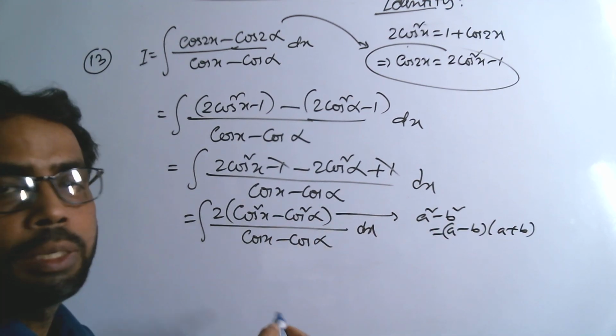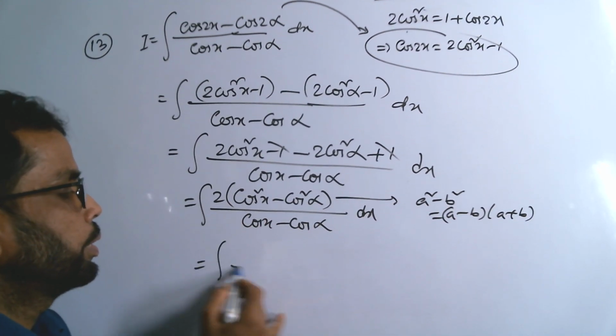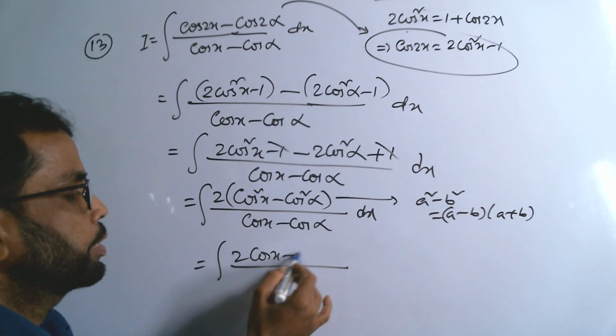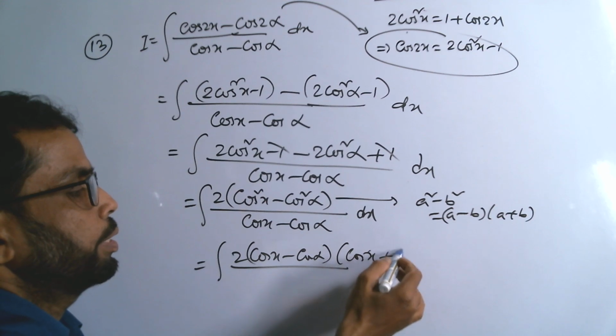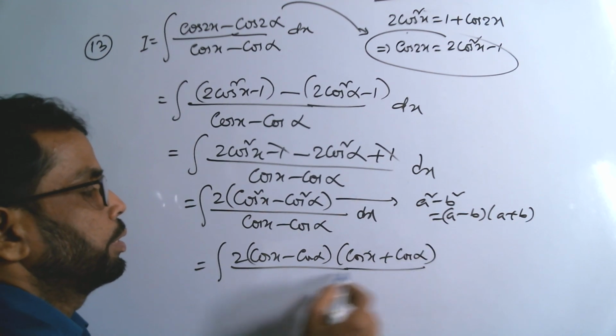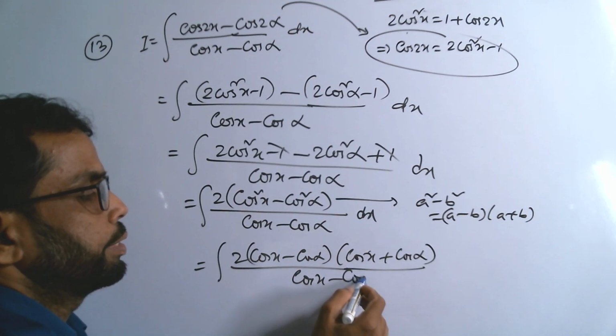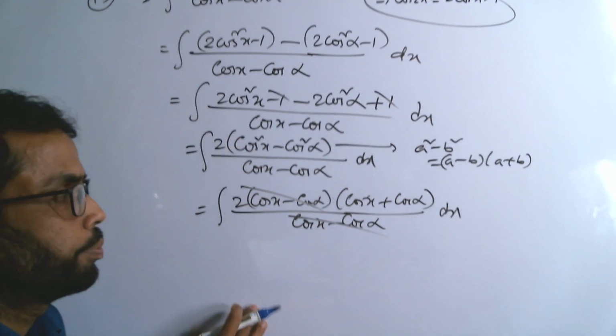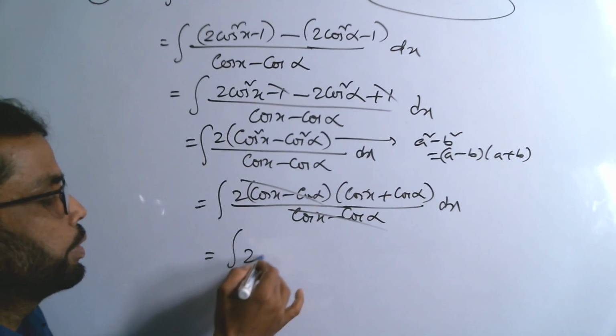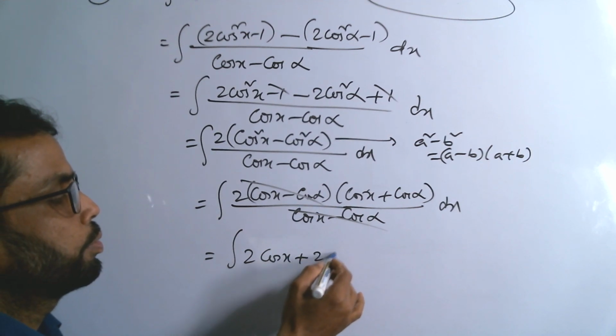We can use this formula in the numerator, so we will be getting cos x minus cos alpha, a minus b into a plus b, divided by the denominator as it is. Then this term is getting cancelled. It is remaining 2 cos x plus 2 cos alpha.